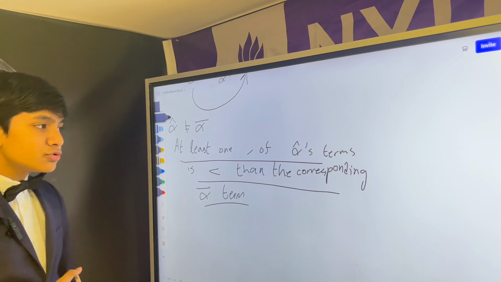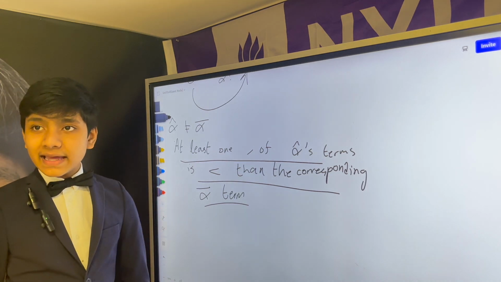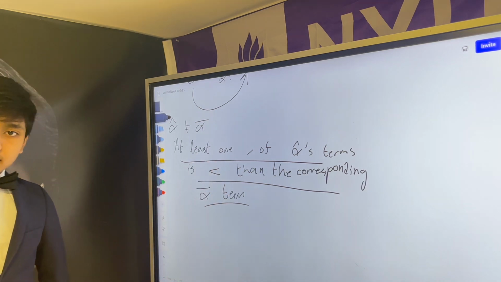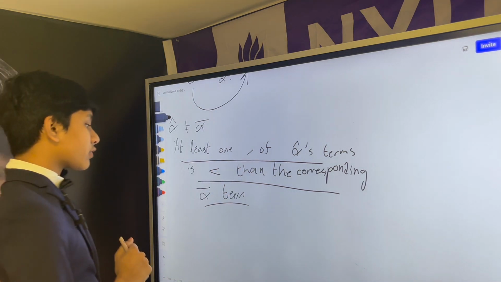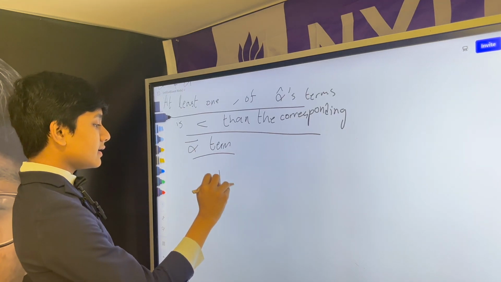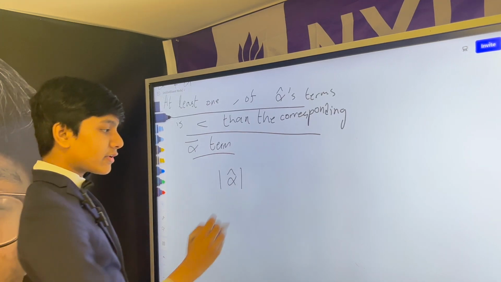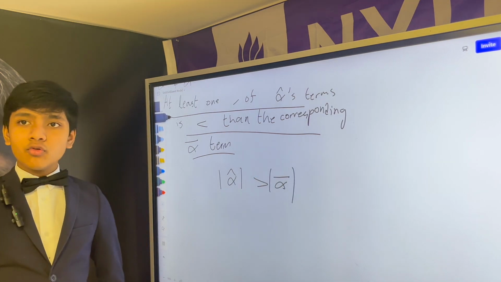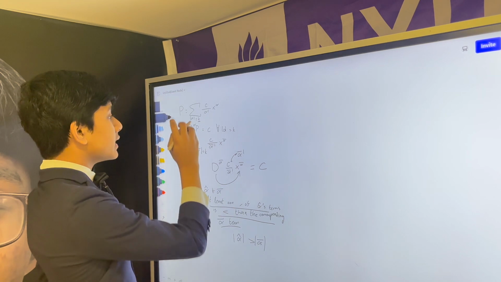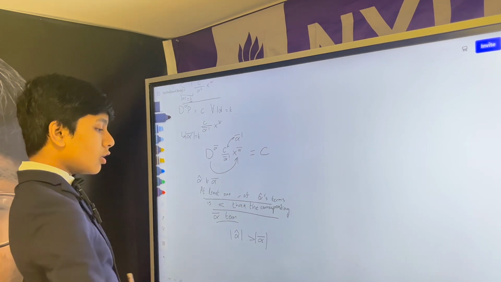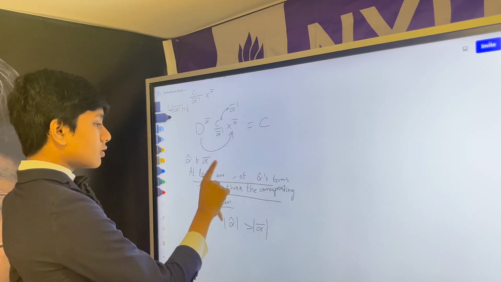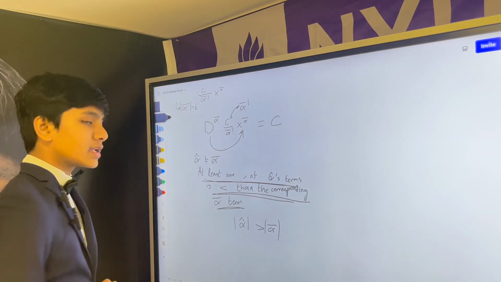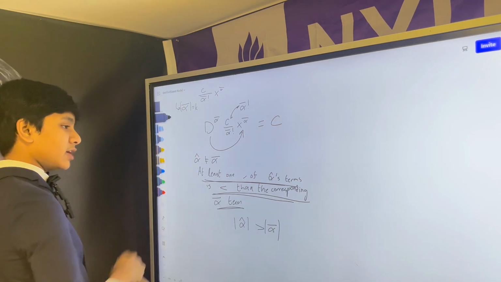To see why this is true, assume this wasn't true, and every single term of alpha hat was greater than the terms of alpha overline. Then that would make the length of alpha hat greater than the length of alpha overline, which means that it's not going to be included in the sum. So this has to be true if alpha hat is included in the sum, which is the only thing we care about.